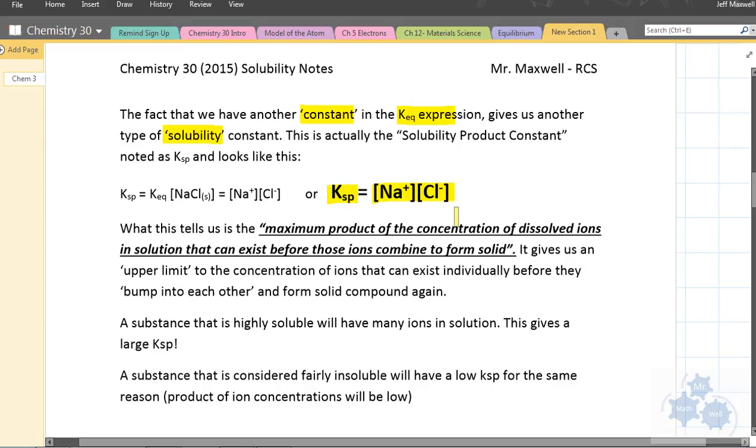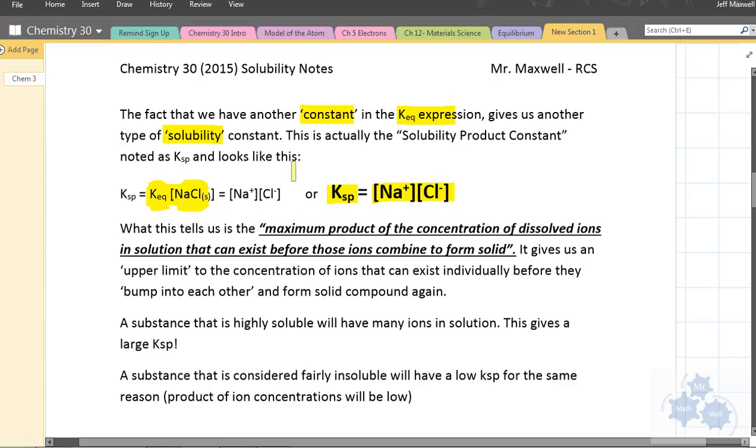We do not consider the solid part. So what we need to remember is that the Keq is for when all the concentrations can change, products and reactants. The Ksp is for dissolving, and on the reactant side it's a solid. So this together makes the Ksp.